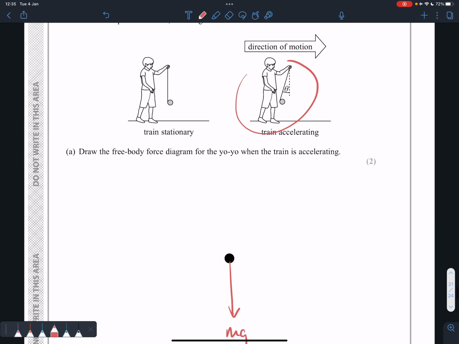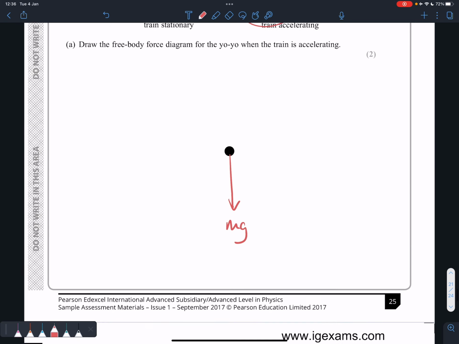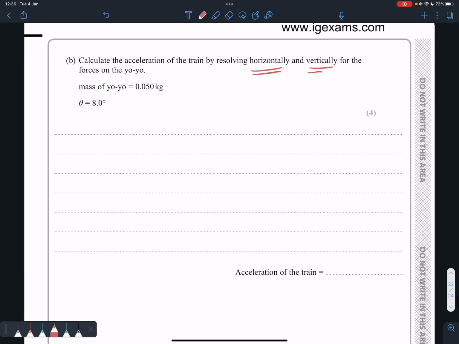The thing to remember when it says resolve horizontally and vertically is that you should be able to work out that it's not moving up or down. So for the vertical components of the forces, I don't want to draw them in because it'll give it away, but vertically the sum of the forces is equal to ma equals 0, and you're going to have a component of the weight and a component of the tension at an angle.